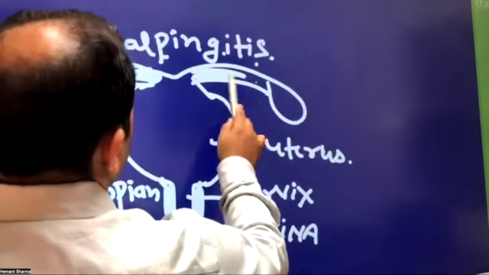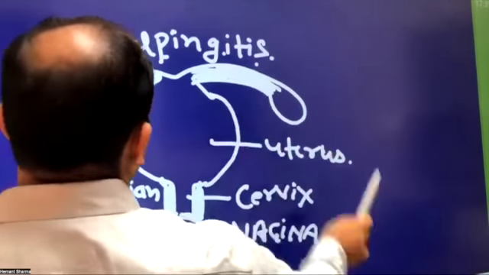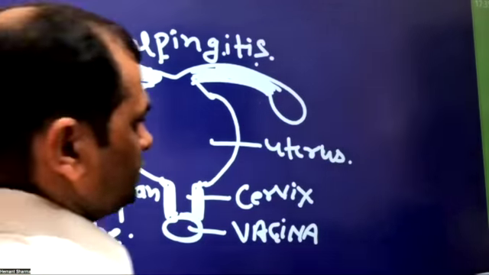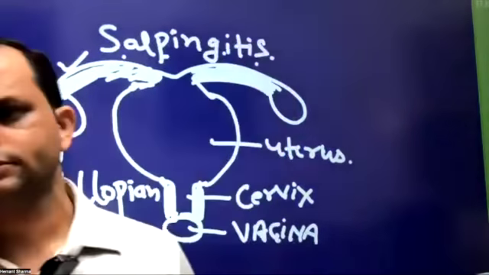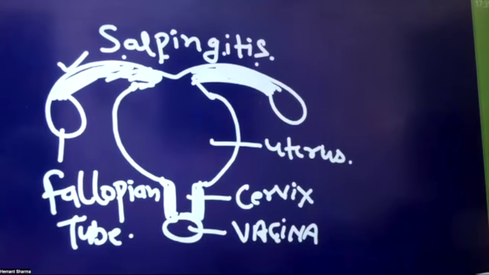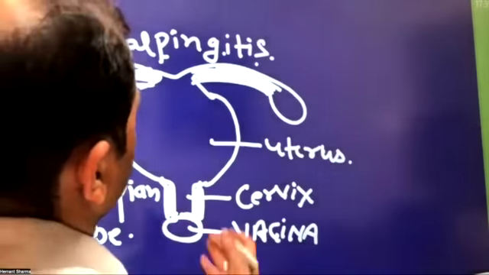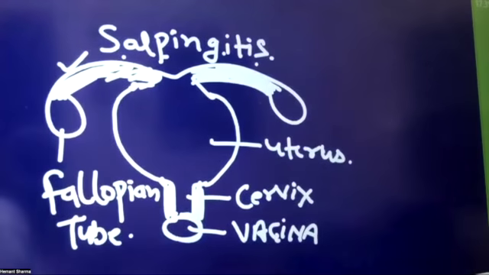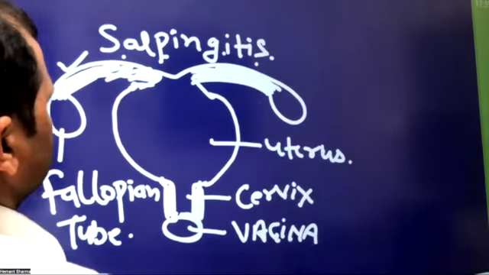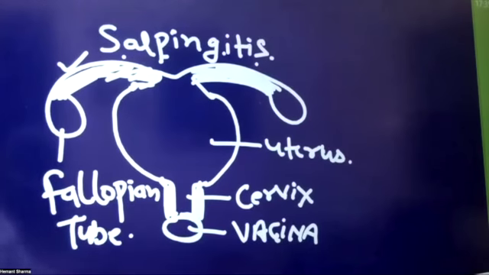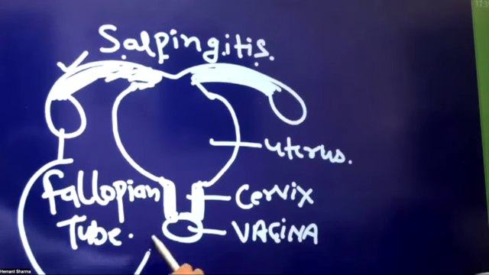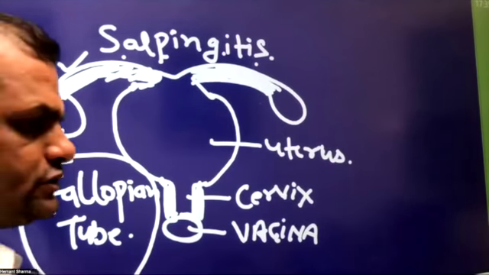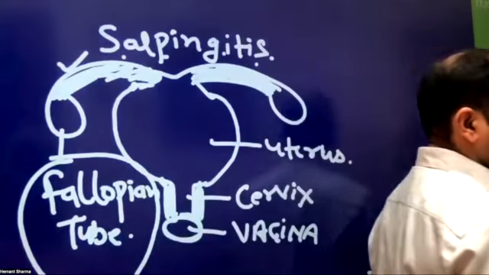Salpingitis का मतलब है कि fallopian tube का inflammation. I hope all of you are aware of the fallopian tube and the uterus. We are not learning the anatomy, we are just telling you the names. These are a few words to remember always. ये कुछ वर्ड हैं जो आपको हमेशा याद रखने होंगे.